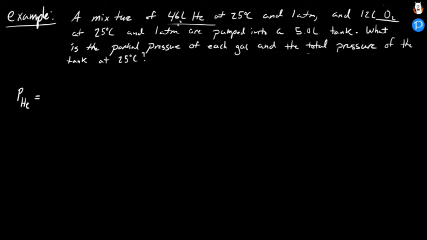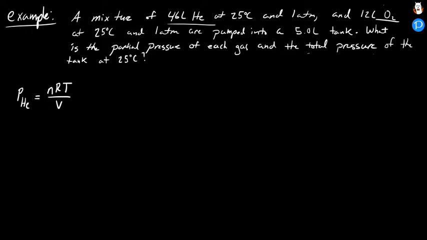I have a volume in liters, I have a temperature, and I have a pressure. So I actually can't solve for the pressure of each gas because I need to know n. The problem doesn't give me n, and so I can't just jump in right away and solve for the pressure of helium and the pressure of oxygen, and then add them together.